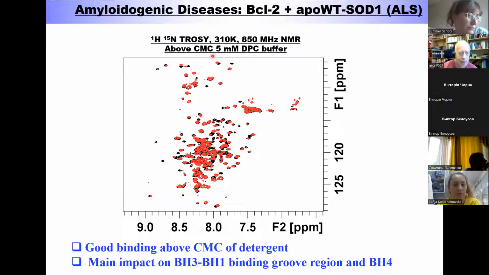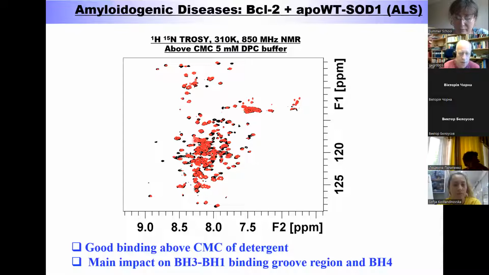What you see quite nicely is, if you add wild type APO, also a metal-free SOD variant, normally it has copper and zinc in it, you see some changes. This is also thought to be the case in people who have ALS, or Lou Gehrig's disease as it is called in the US: when the protein is not a holoprotein with the metals in, so it's half unfolded, it is really vulnerable to aggregation and becomes toxic.